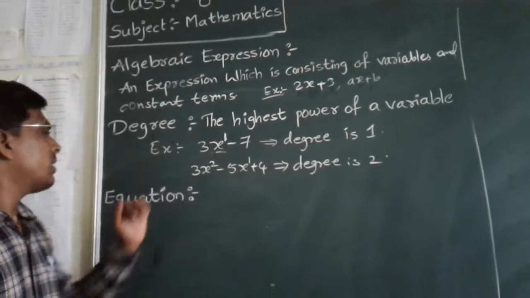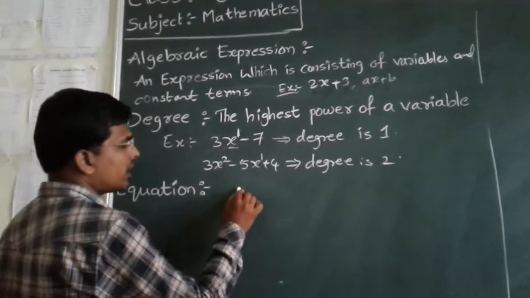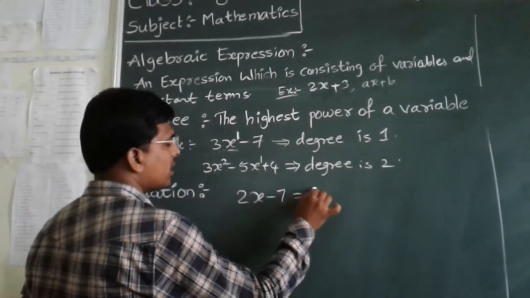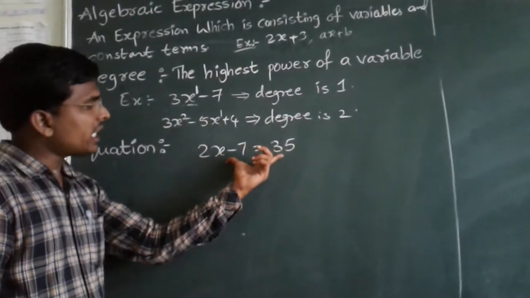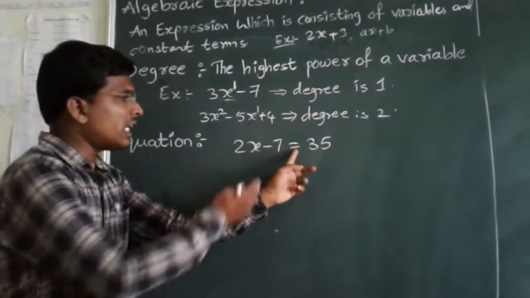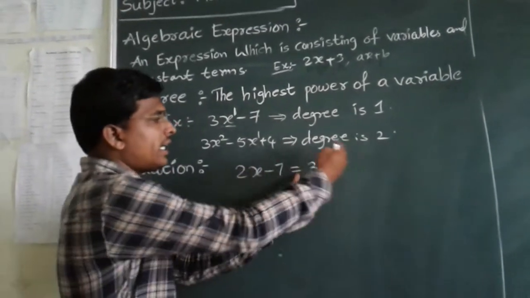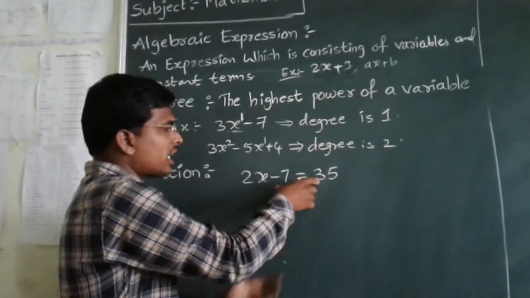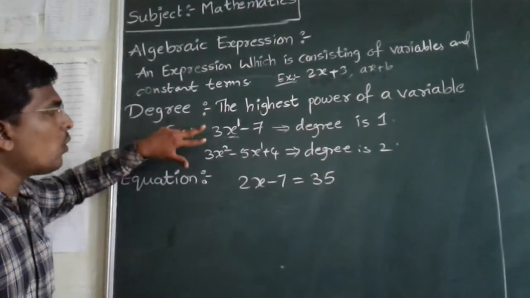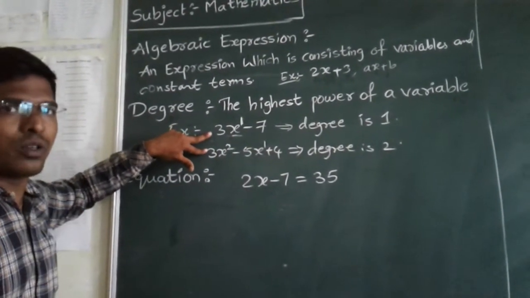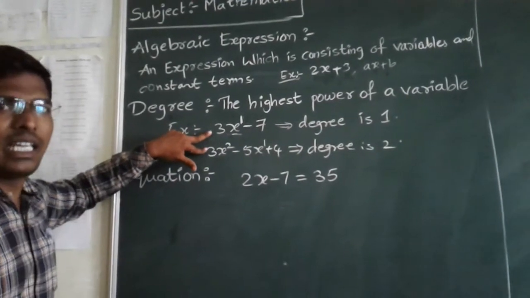Next, equation. For an equality sign, 2x minus 7 is equal to 35. On the left hand side we have something, on the right hand side we have something. That's why we can say this is an equation. In the earlier cases we can say only algebraic expression, not an equation.